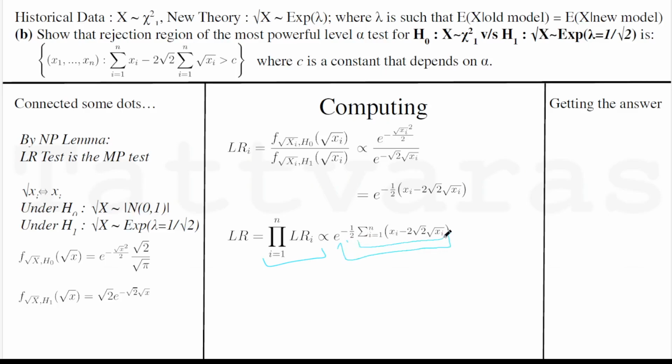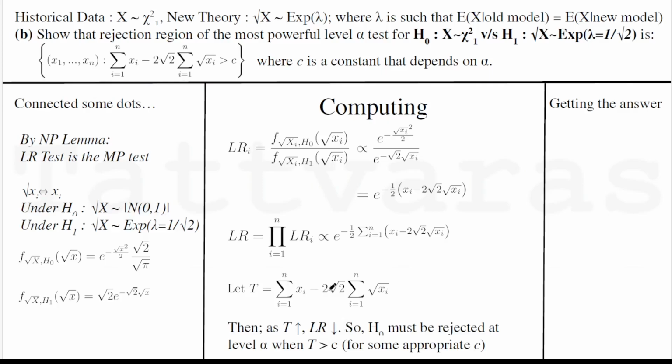And this thing at the top is exactly what we see being asked in the critical region. So if we take it as t, then we notice that as the value of t increases, this entire value, because it's raised to the negative, is going to decrease. And if your likelihood ratio decreases, it's essentially giving you more information against the null hypothesis.